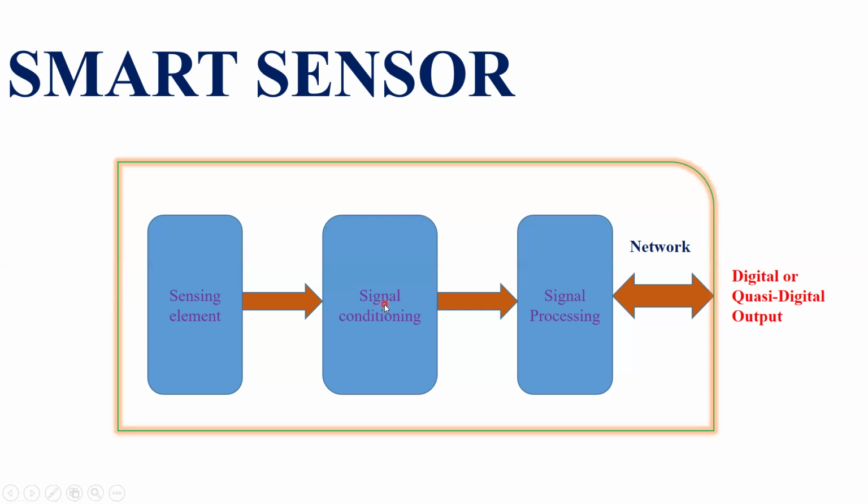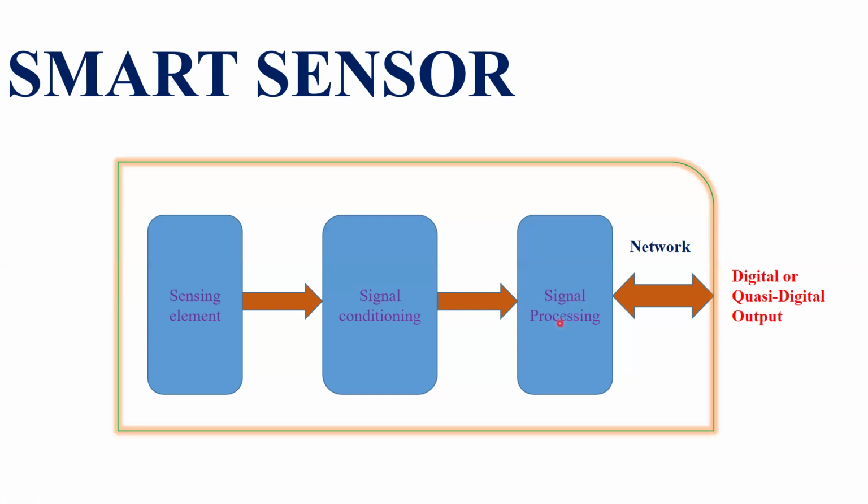Once you have this done, the output of the signal conditioning unit, for example, a preamplifier was used here, and then the amplified signal is fed to the third unit, that is the signal processing unit.